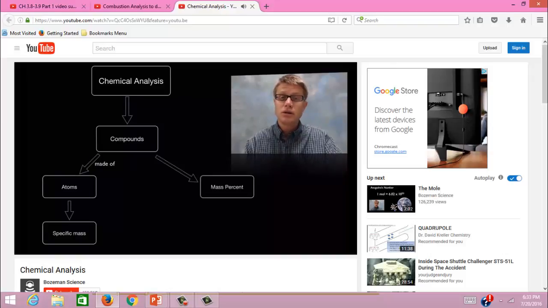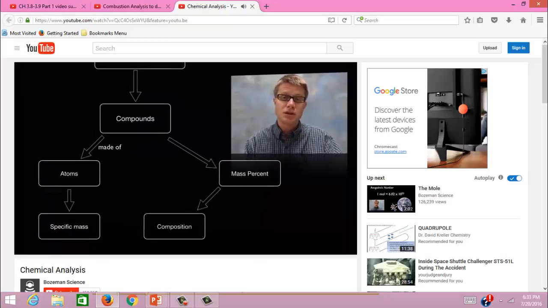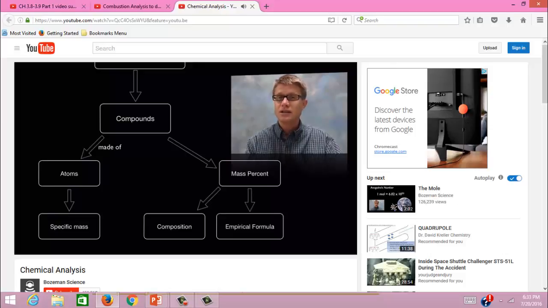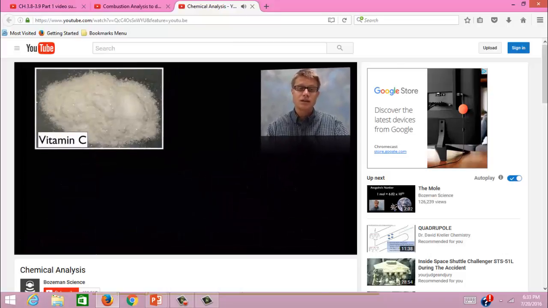And so what we can do is look at the percent mass. In other words, how much of that mass of that compound is made up by each of those different atoms. That tells us what the composition is. It also can help us figure out the empirical formula. That's that simplest chemical formula. And it also can be used to test the purity of a substance. In other words, is it just that, or are there other things that are added inside there?